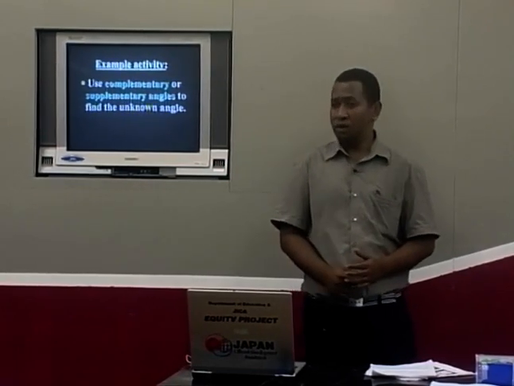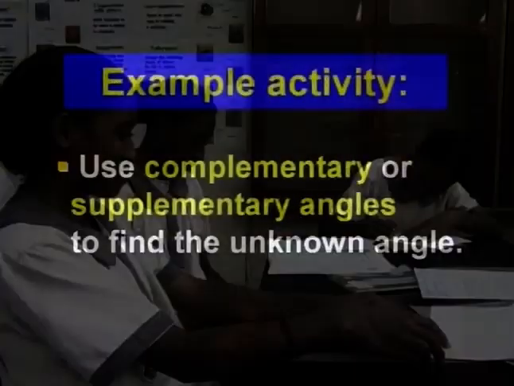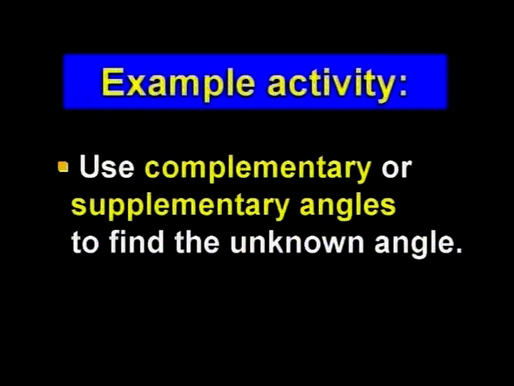When you have more than two angles, you still have to add up all those angles to equal a supplementary or complementary angle. Good. Now, I've got an example activity for you to do. There are two examples. You're going to use the complementary or the supplementary angles to find the unknown angle.